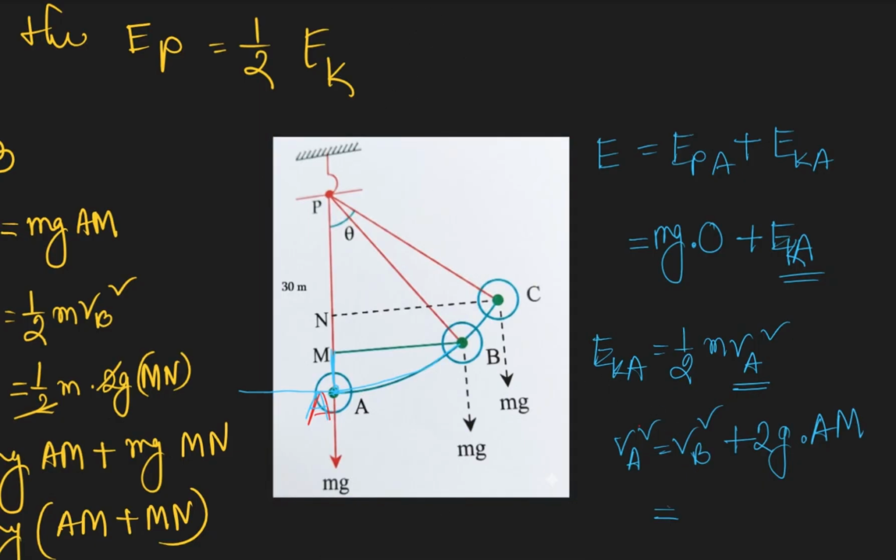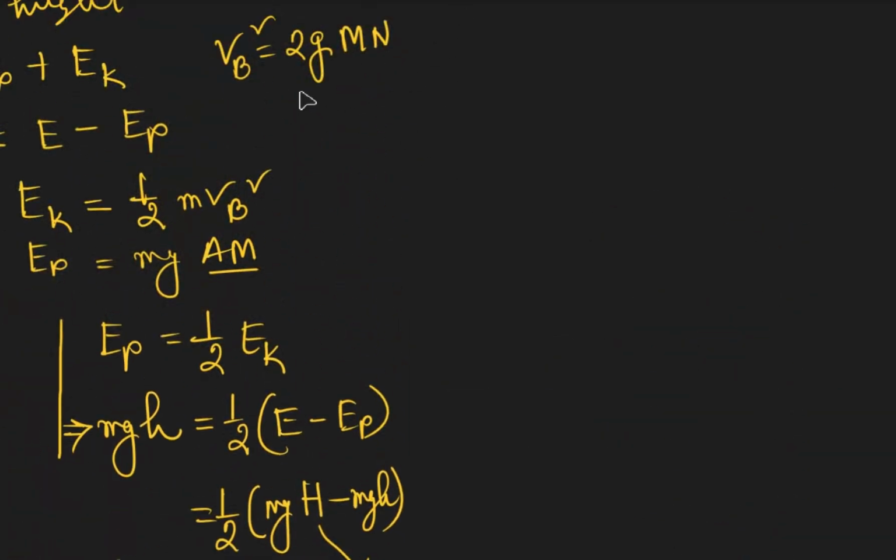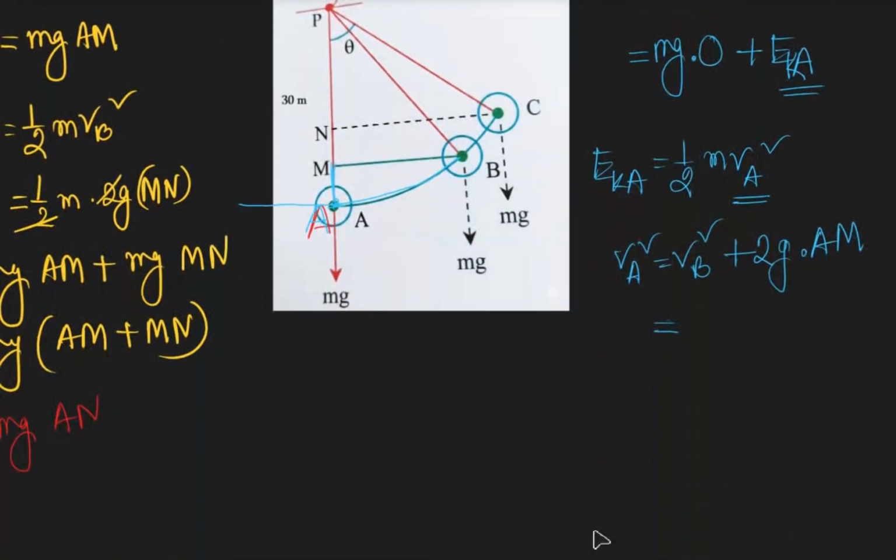Let's check out the value of vB square. So vB square is equal to 2g MN. So it will be 2g MN plus 2g AM. So 2g is common.